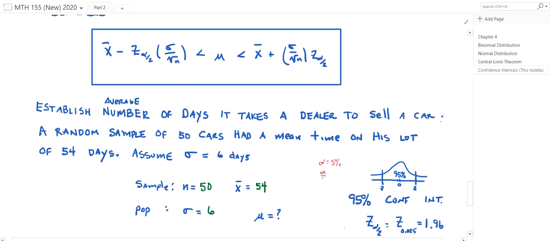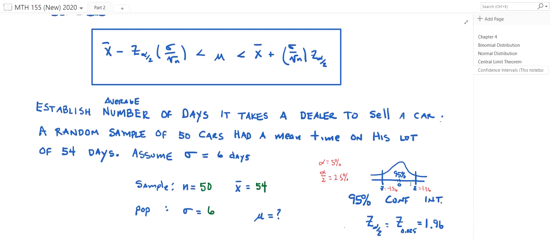So alpha over 2 is 2.5%. So that's why this is z sub 0.025, 2.5% written in decimal form. Well, I already talked about it in the last video, that z is going to be equal to 1.96.